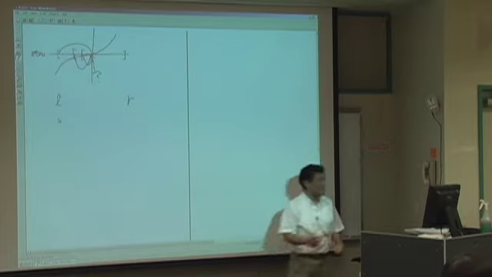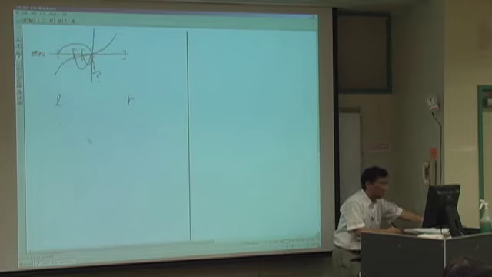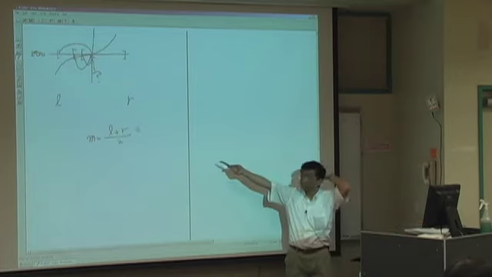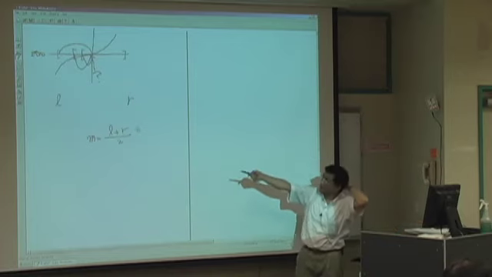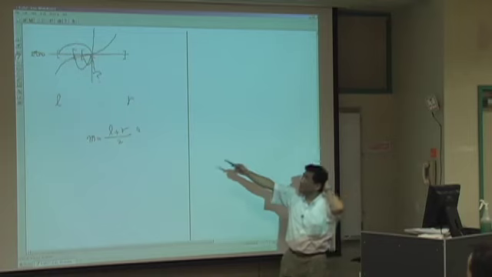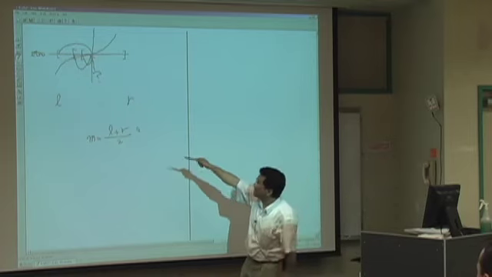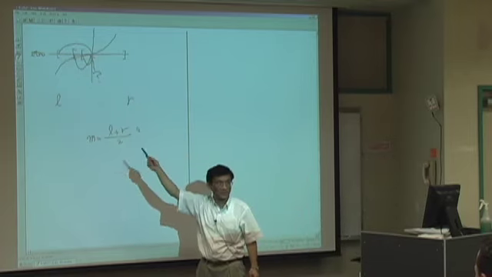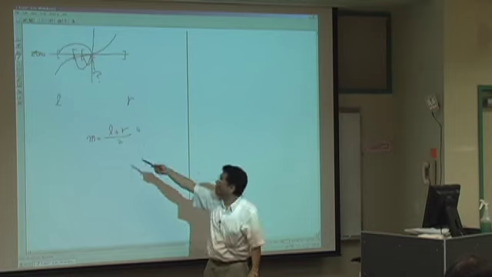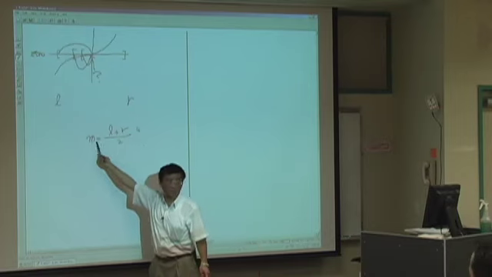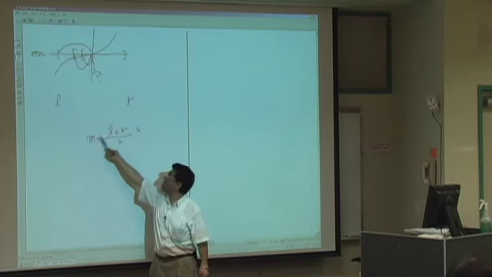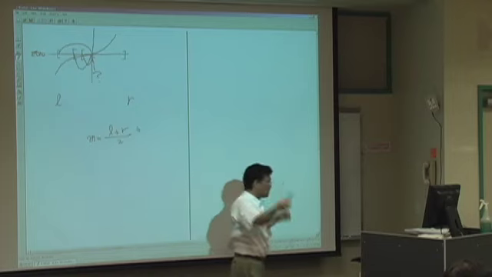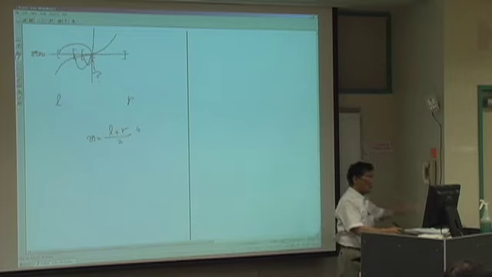Then we find the middle point by averaging. This middle point may have the same sign as left or right, or sometimes it could be exactly the solution. If it has the same sign as the left, then the solution exists between middle and right.